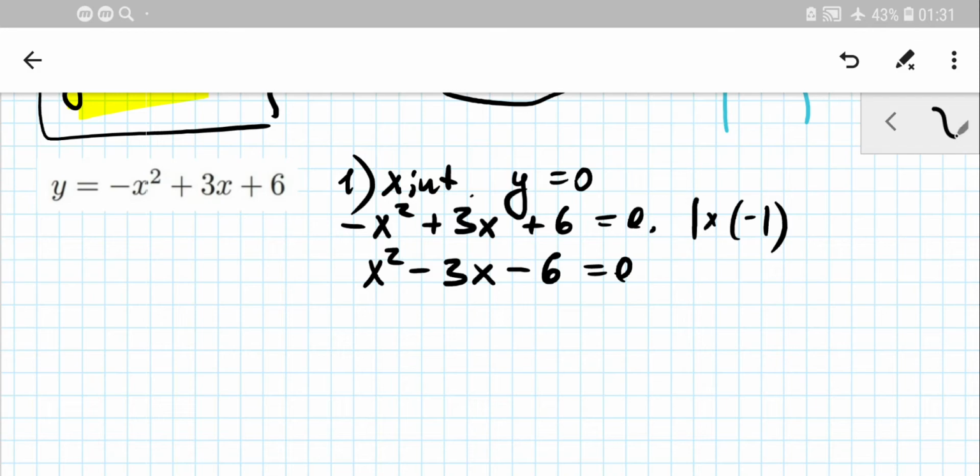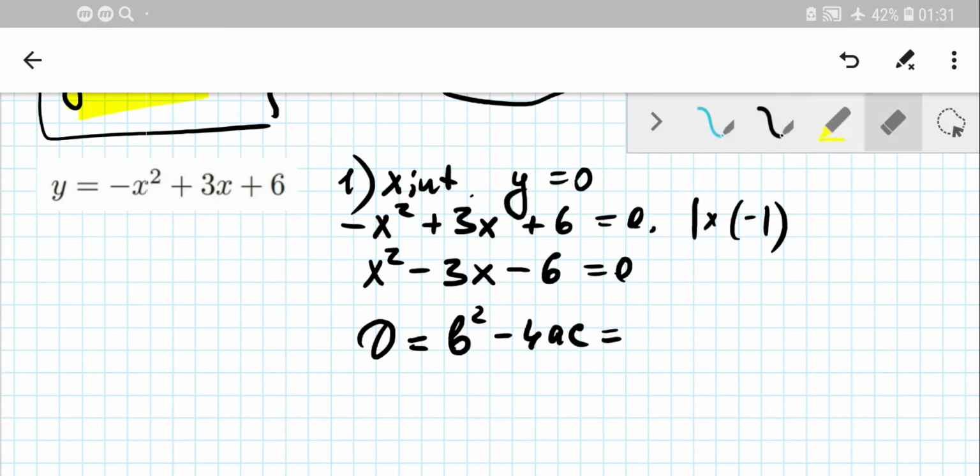I think we need to calculate using the discriminant, b squared minus 4ac, which is 9, right?